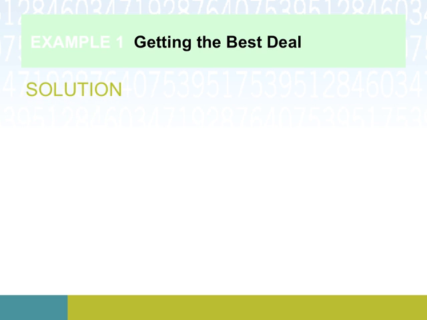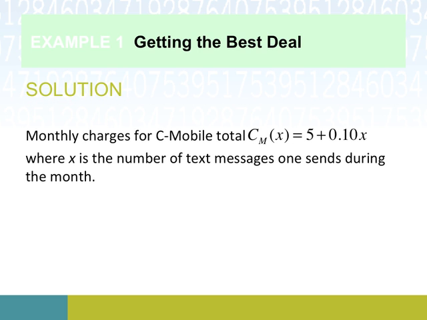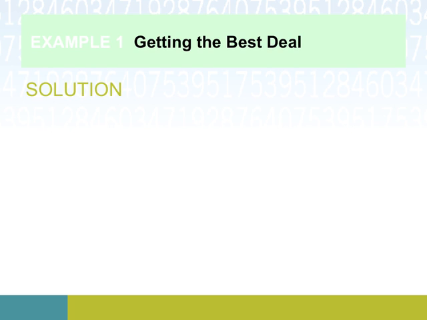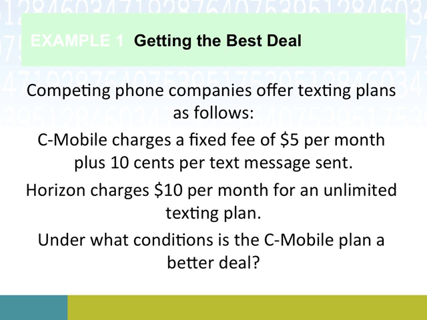So the first task for us is to figure out what these charges look like. The only thing that varies between these two deals is not time, because it's still monthly plans. The things that vary are how many text messages you send and how much it costs you. A function of one variable is very good at relating things like that.